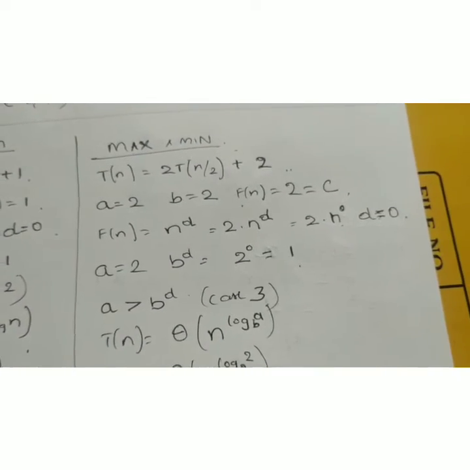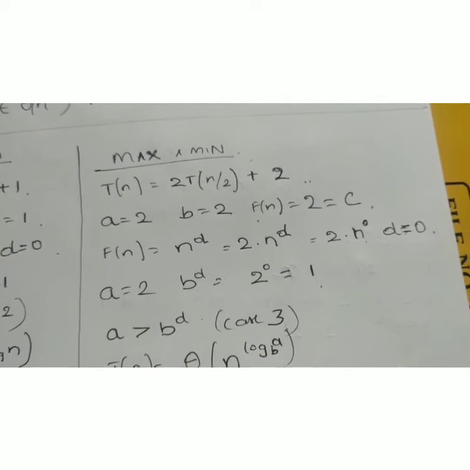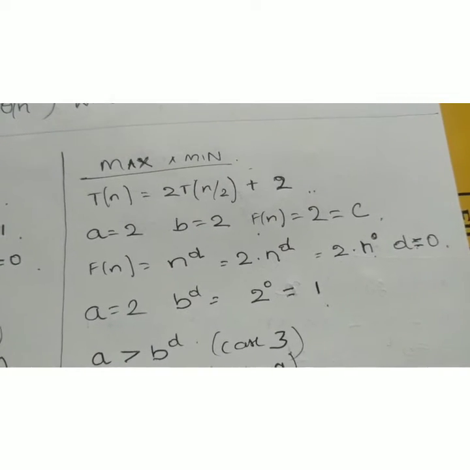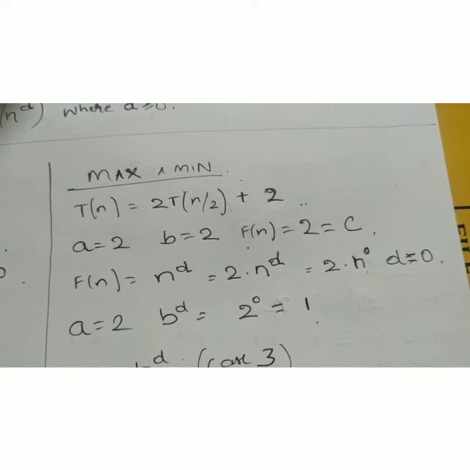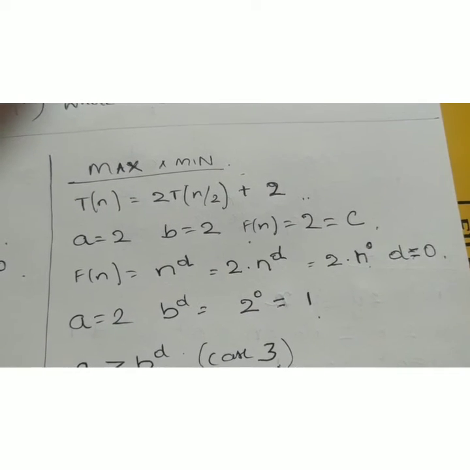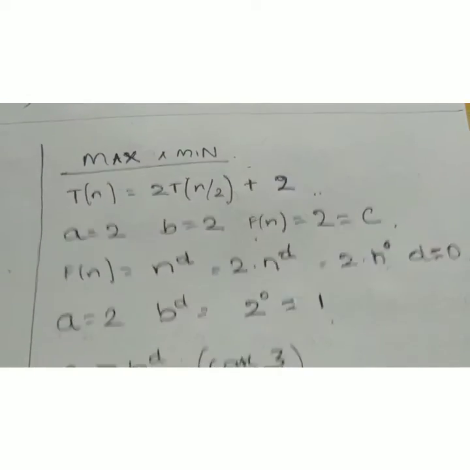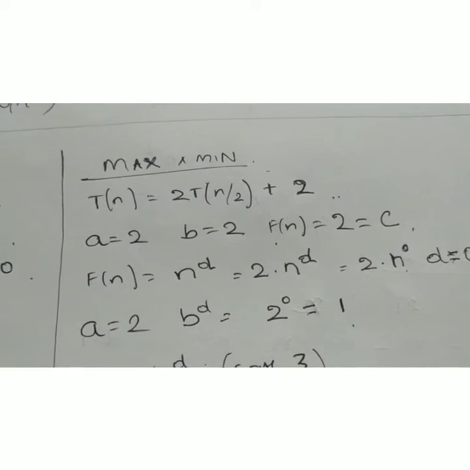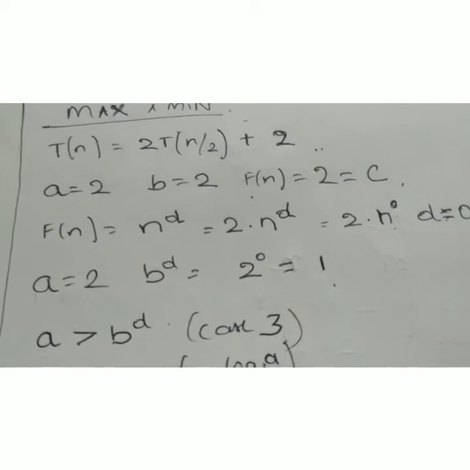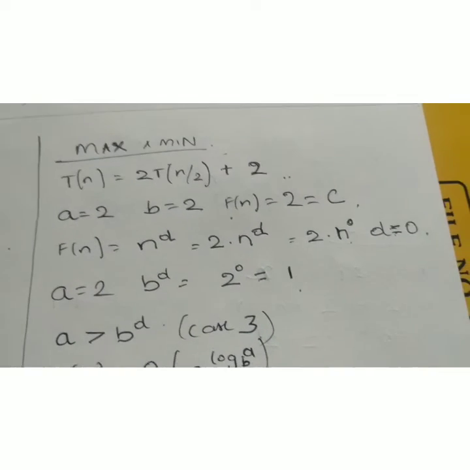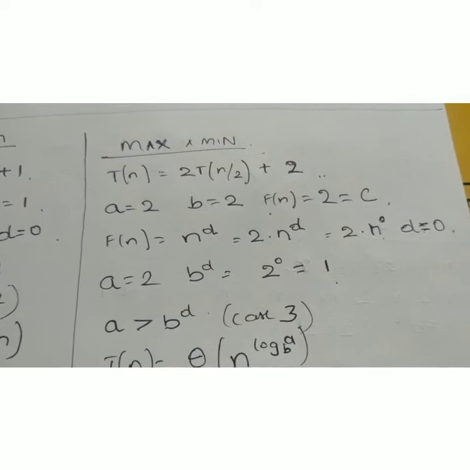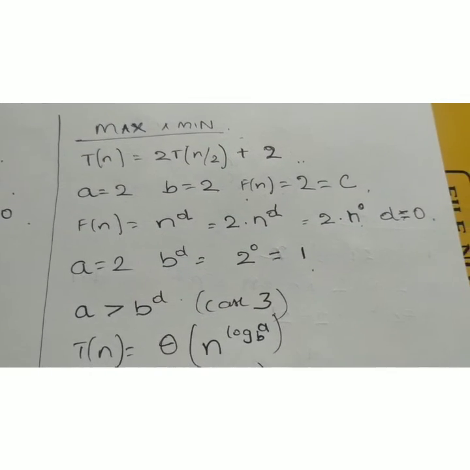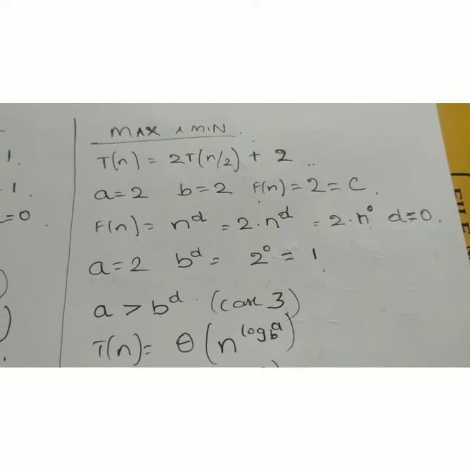Now coming to max min. It is 2T(n/2) plus 2. So this is the constant here. So f of n is nothing but a constant. A constant can be represented like 2 into n to the power of d, where d can take the value of 0. So it becomes n to the power of 0, which is 1, so 2 into 1, which is 2.